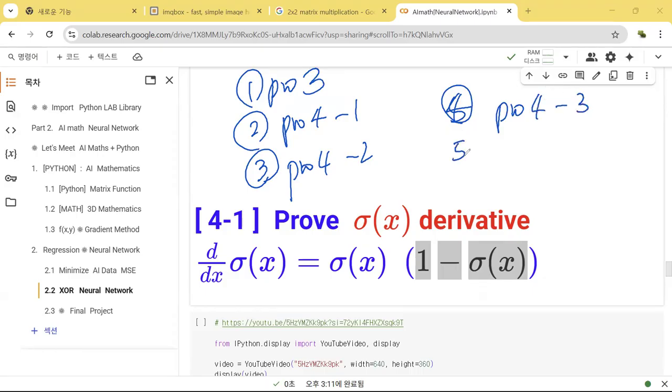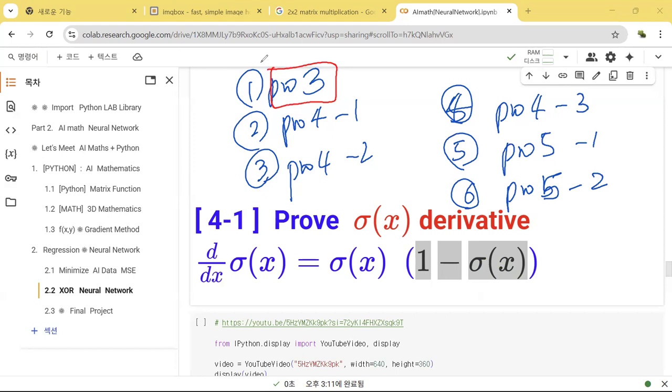The fifth, problem 5, now has two sub-problems, and the sixth one is problem 5.2. Okay. So the maximum possible score: for problem 3, the code one is 6 plus 4, total 10 points. Problem 4.1 is the proof of the sigmoid function, and this is 7.